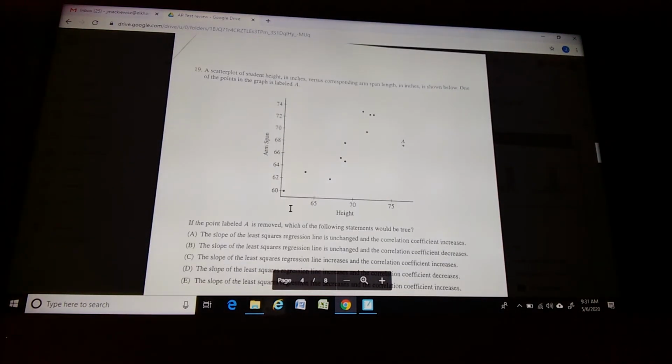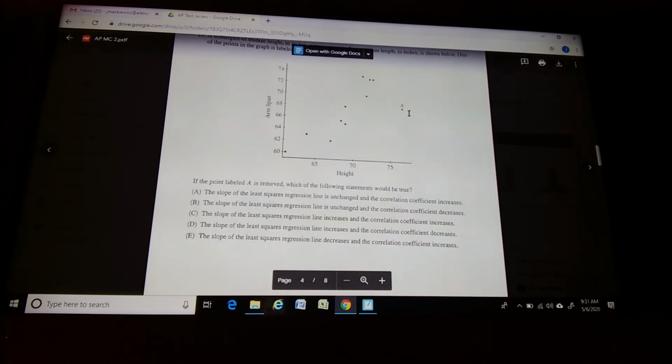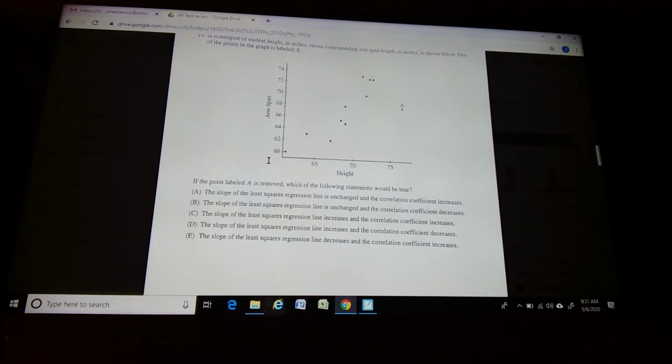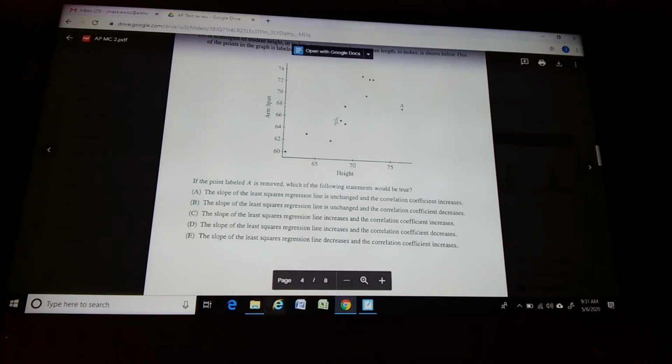18. We have this point A. It doesn't really go along with this group. What if I take it out? Well, if I leave it in, I think that the line of best fit is about right here. If I take it out, the line of best fit goes up more.